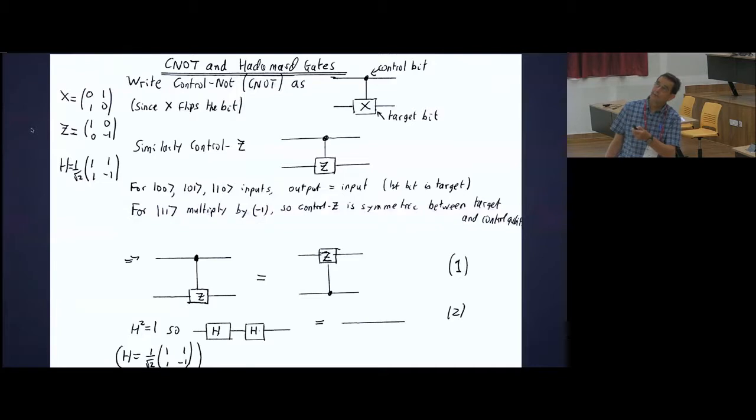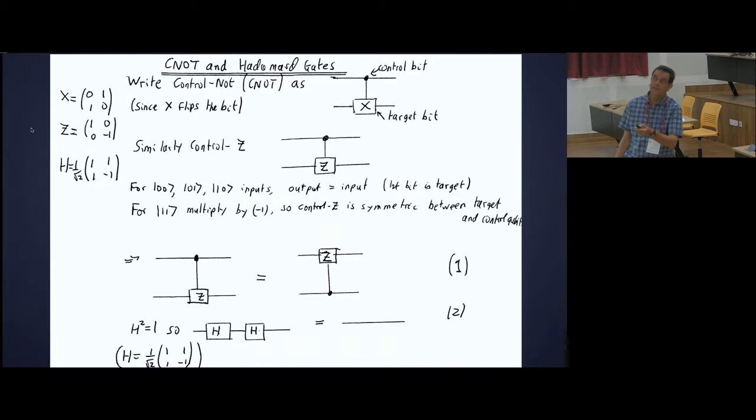However, if both control and target qubits are equal to 1, because the control qubit is 1, the target qubit gets acted on by Z, and if it is in state 1, then because of the minus sign here, it changes the sign. So for the 1, 1 state, you multiply by -1. But notice this result then is completely symmetric between what I'm calling the control qubit and what I'm calling the target qubit.